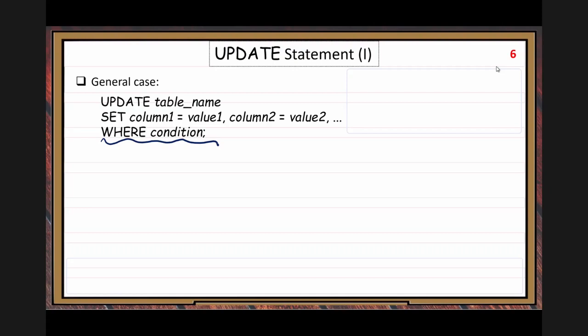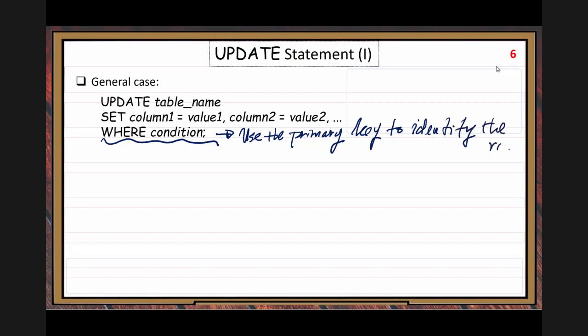The condition, usually it is more convenient to use the primary key to identify the row. That's the typical usage.